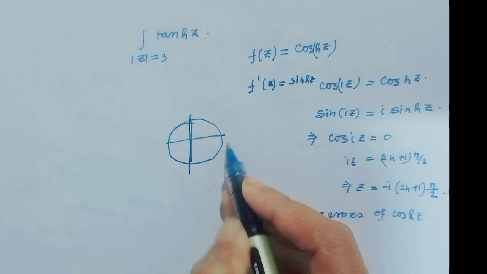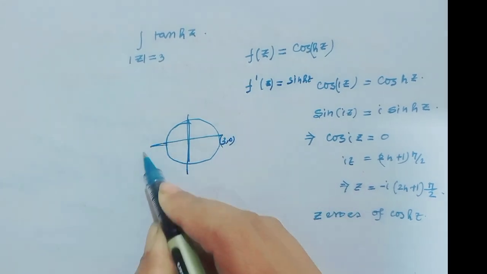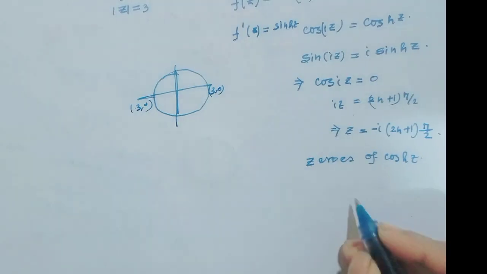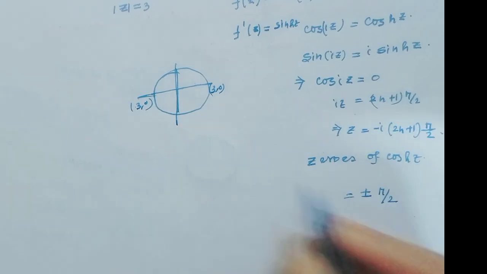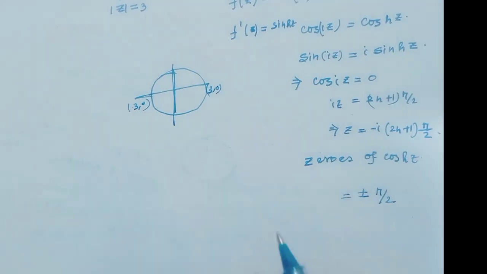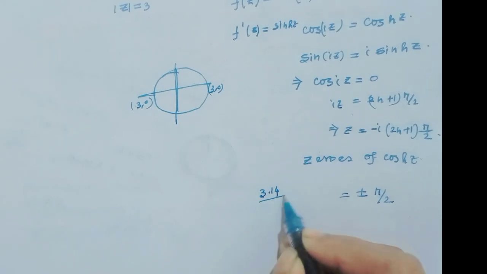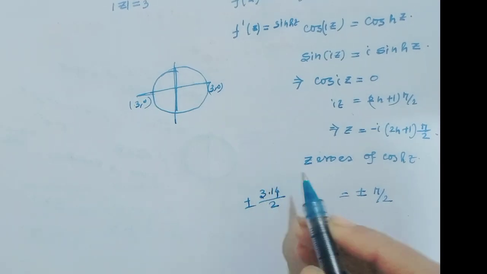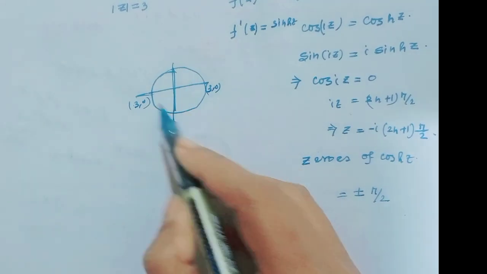This is 3π, this is minus 3π, and only plus minus π by 2 would be inside this circle, because π by 2 means 3.14 over 2, this value would be less than 3, so it lies inside this circle.